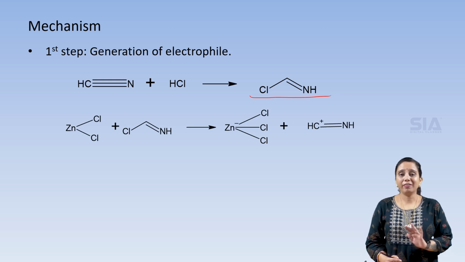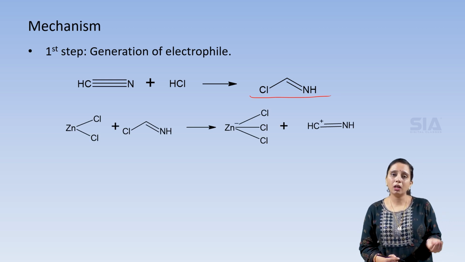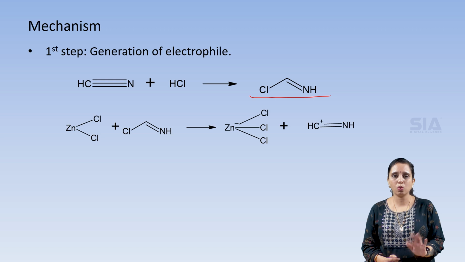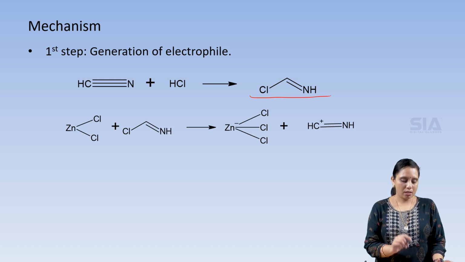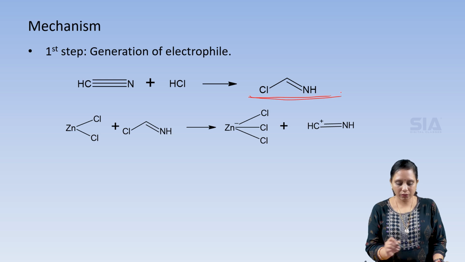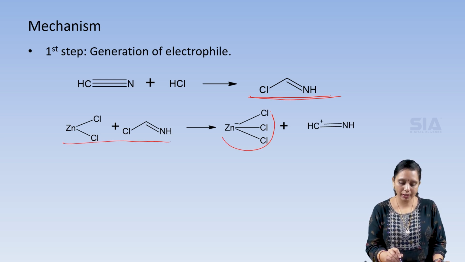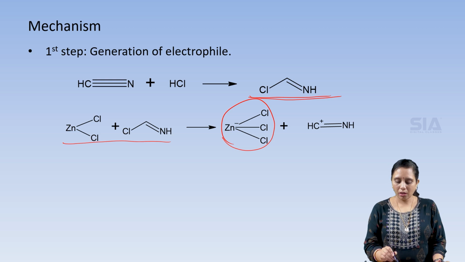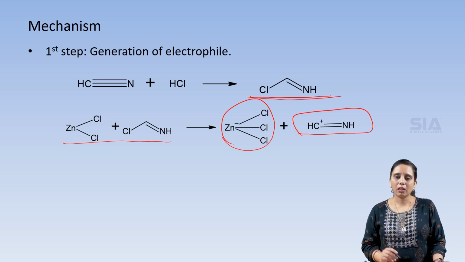Now, as we already know, zinc chloride is also present in the mixture in catalyst form. So this product will react with zinc chloride, and that is how the zinc trichloride complex is formed here. Now this is the electrophile that is formed in this reaction, which contains a carbocation.